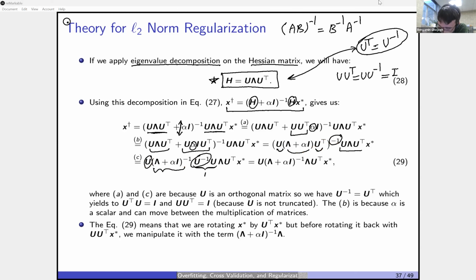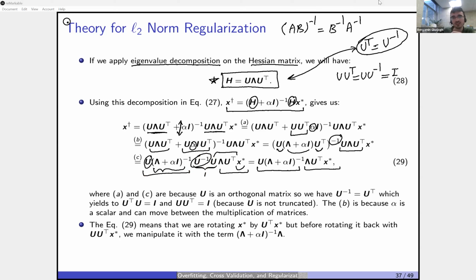The rest is from here, U lambda U transpose, and we also have x star here. Then, interestingly, we have U inverse here, and U inverse U becomes the identity matrix, so we can get rid of that. We have the rest of the terms here, and also the previous terms here. Okay. So we have equation 29.